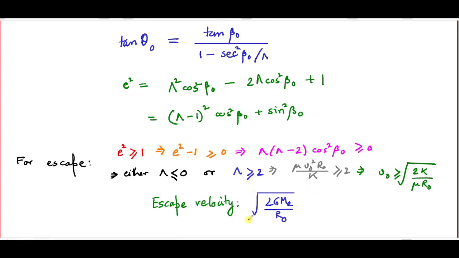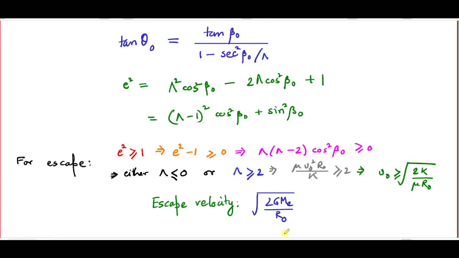Now, one important feature of this result is, of course, that it does not depend on the angle of projection. It depends only on the mass of the central object, in this case the Earth, and the distance from the central object of the point of projection.